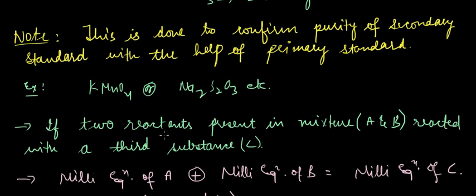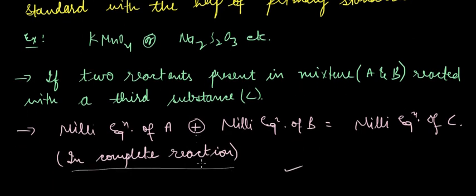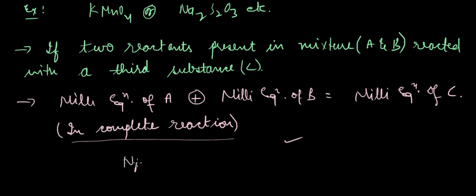So next is, if two reactants present in the mixture, that is A and B, are reacted with a third substance, then what will happen? So in case of complete reaction, the milli equivalents of A plus the milli equivalents of B would be taken together and should be equated to the milli equivalents of C, so as to get anything which is desired from this equation, as in this would be written as NaVa plus NbVb should be equal to NcVc.